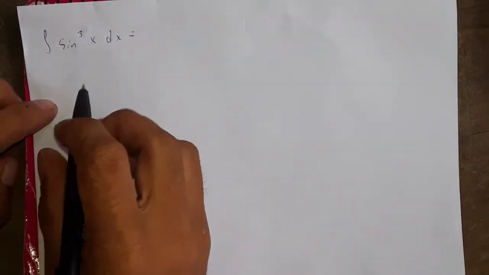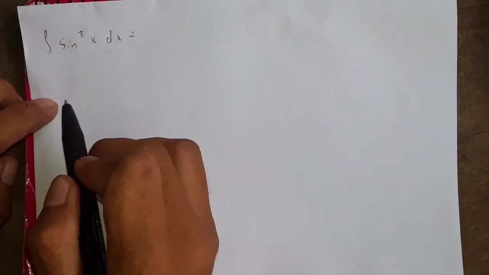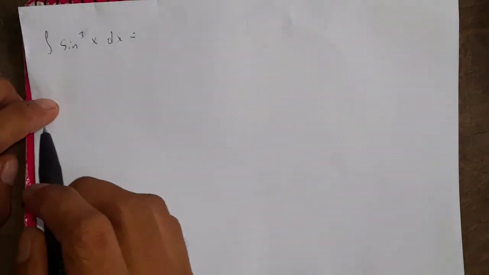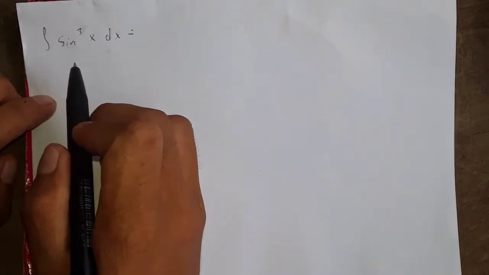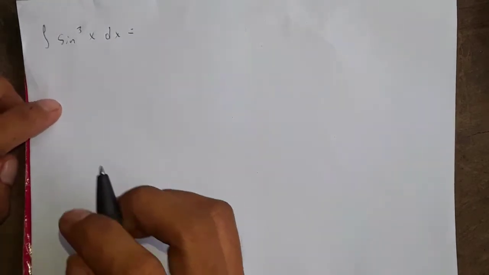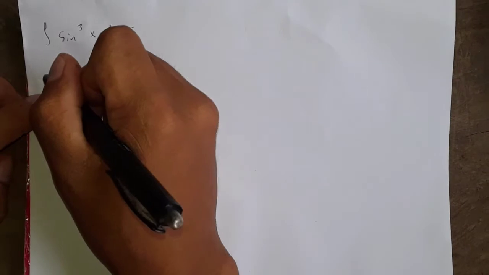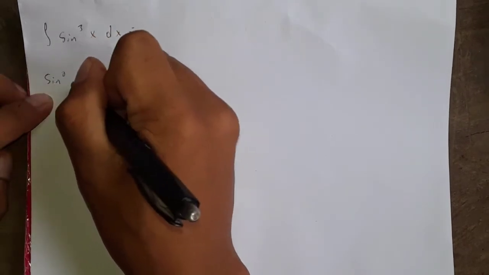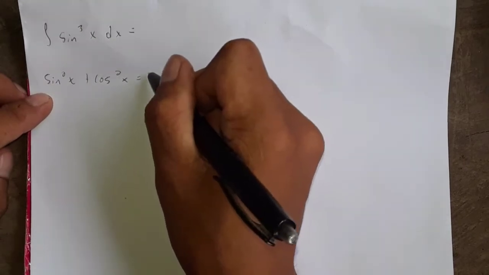What we're going to do here: if it is an even exponent, we use the double angle identities. Here, with an odd exponent, we use the Pythagorean identity: sine squared of x plus cosine squared of x is equal to 1.